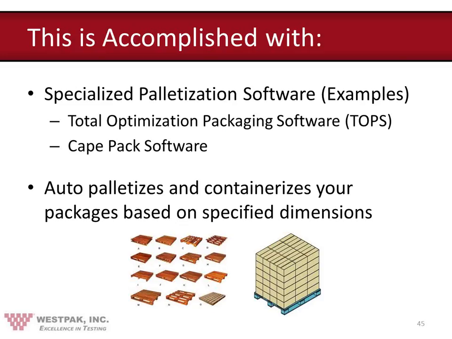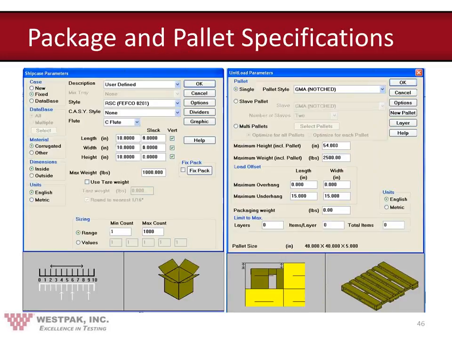On the bottom, we just have an example of different types of pallets and a layout that it would give you. Pretty much these programs auto-palletize and containerize your packages based on specified dimensions. The interface of these programs looks something like this. On the left-hand side, we have what are known as shipper parameters.